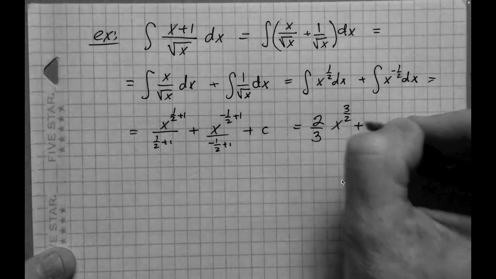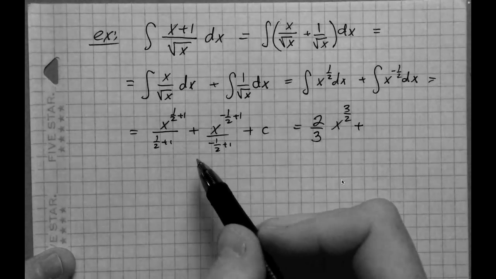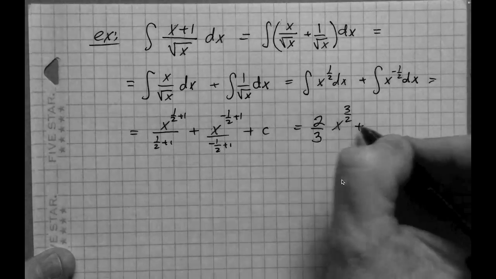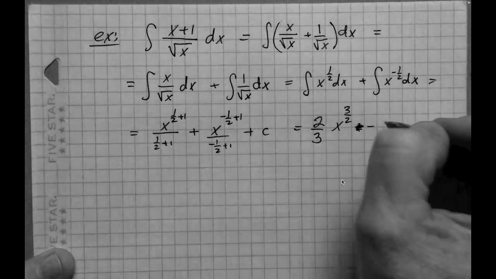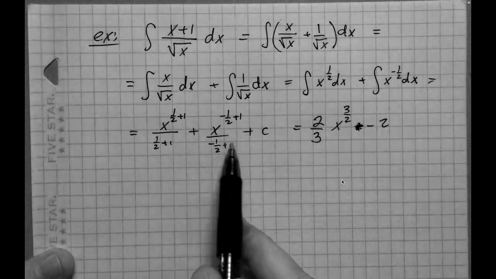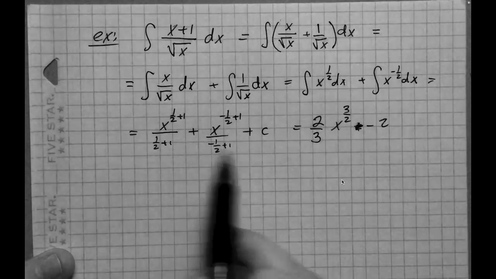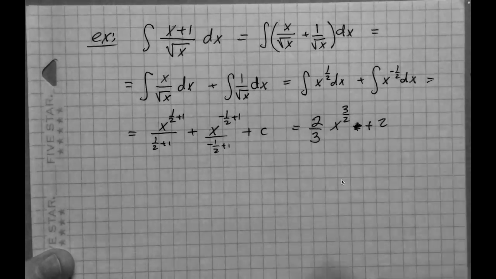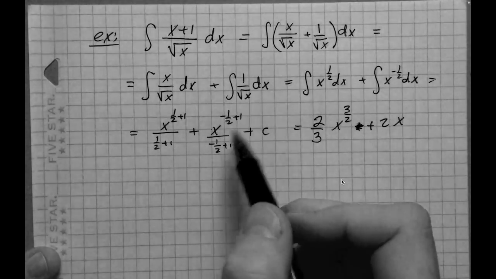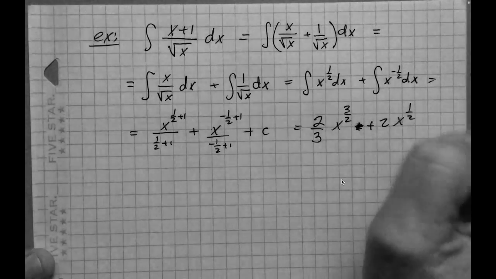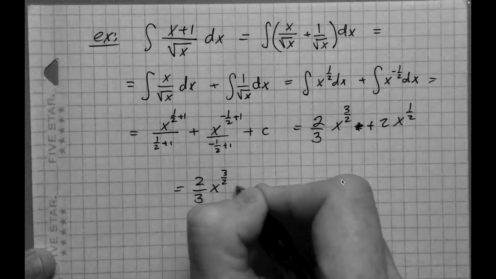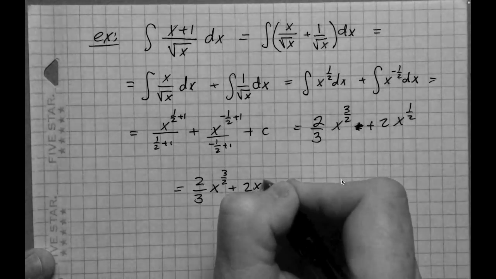And then it's plus, because, well, oh, maybe it's minus. I think it's minus, actually. Minus 2, because this would be negative 1/2 plus 2 over 2, so it would be 1/2 on the bottom, which would be 2 on the top. Oh, sorry, it is plus, yeah. Plus 2, and then it'd be x, and that's negative 1/2 plus 2/2, so it'd be x to the 1/2. So altogether, you would have 2/3 x to the 3/2 plus 2x to the 1/2.